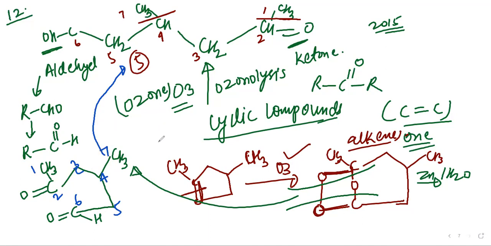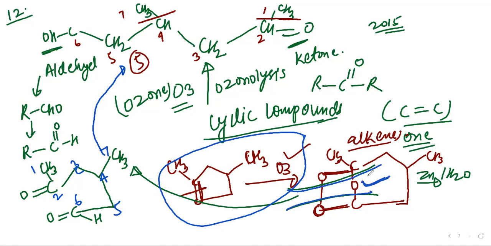So this is called ozonolysis. So you have to just learn this part. This part is important: how to insert 3 atoms of oxygen with the double bond. This is very important. And how it is breaking. So breaking is happening like this. This oxygen you have to remove. This is called ozonolysis. So ozonolysis is done by alkenes only.